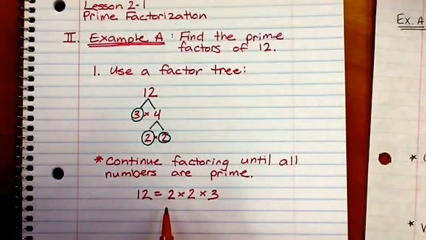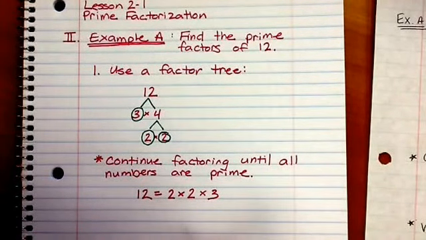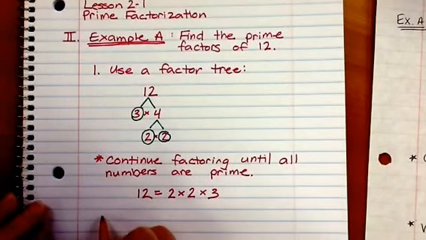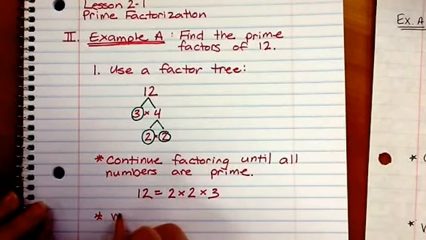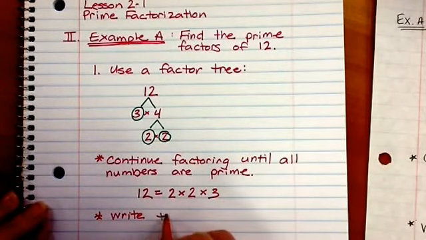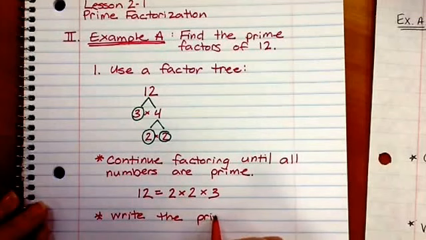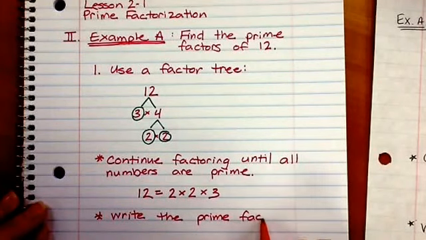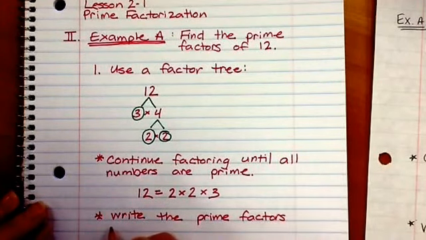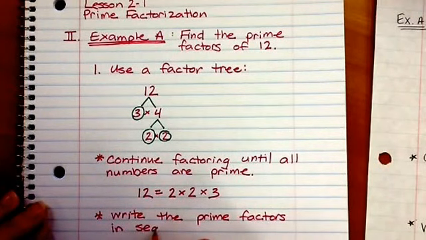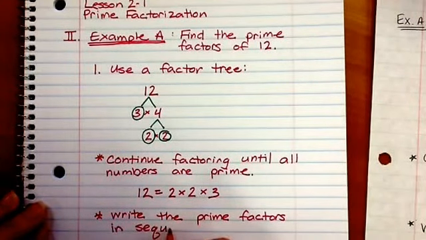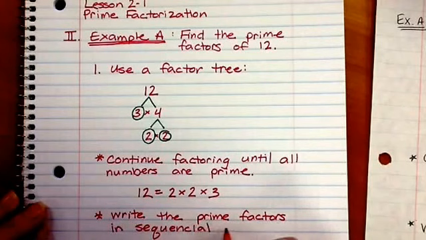So now I have my prime factors of 12. Don't forget when you do this, you need to write the prime factors in sequential order.